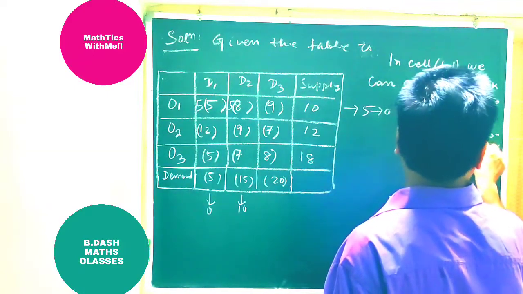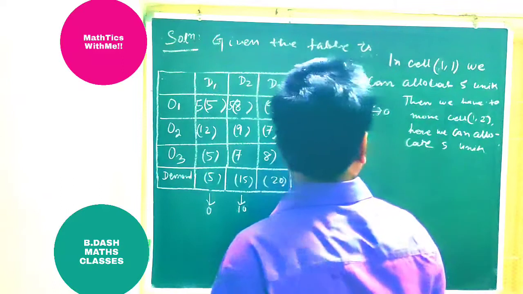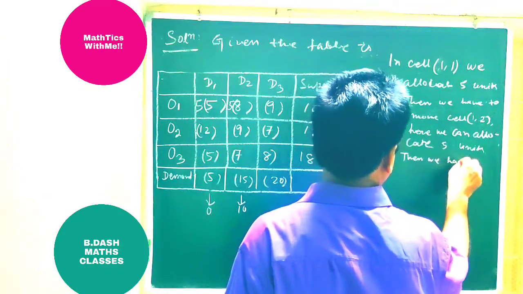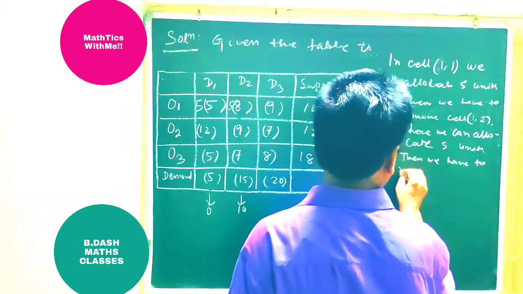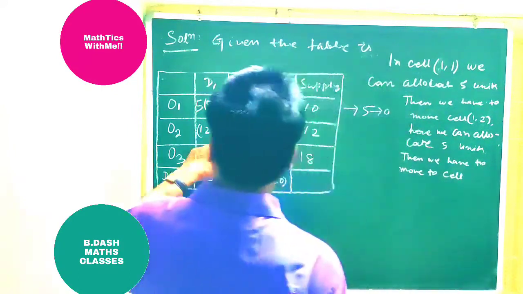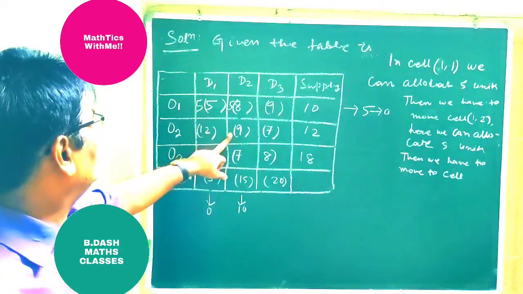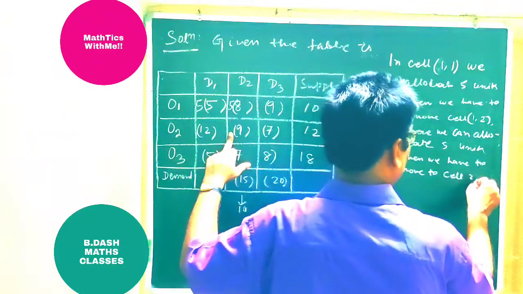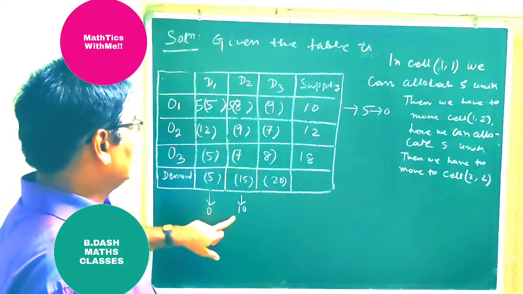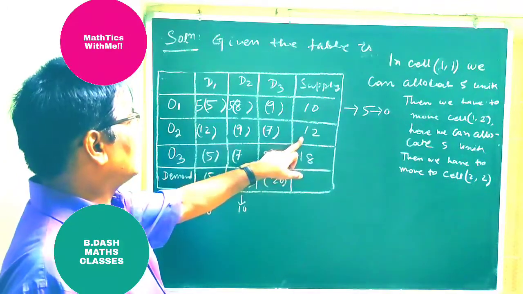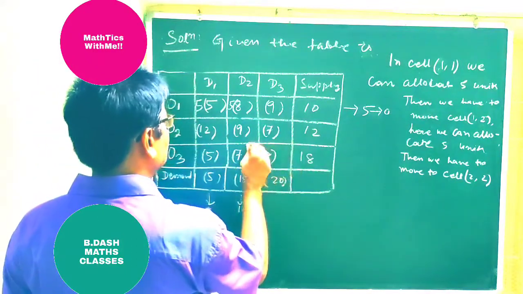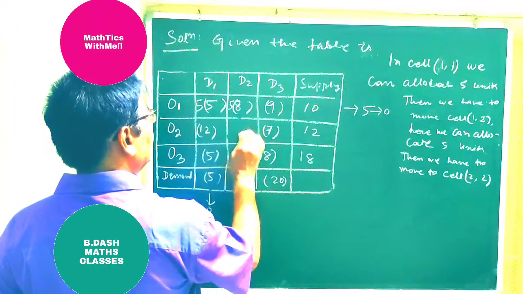We can allocate 5 units. Then we have to move to cell 2. In cell 2, here we are having 10 and here it is 12. So we can allocate 10 here.